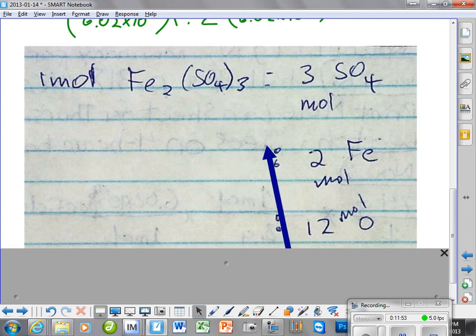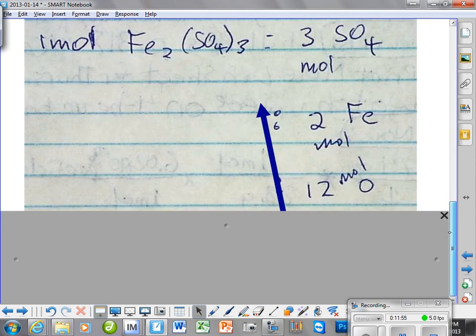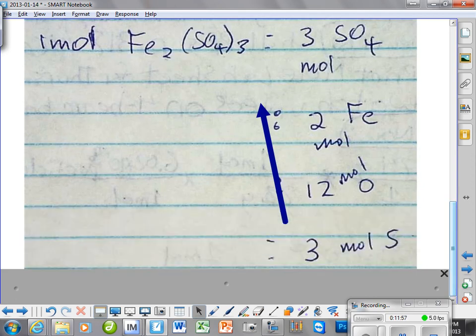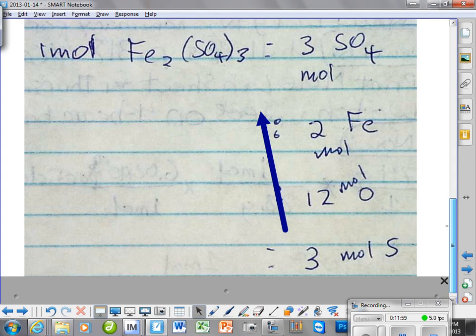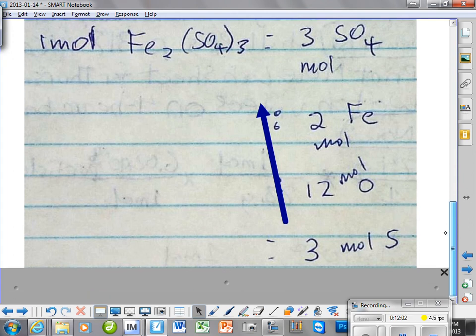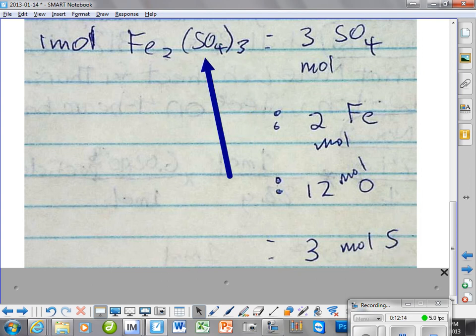Yes. Okay, so that's how that guy works. And then if we say sulfurs, you see we could go by individual atoms now too, which is what we're doing. So we have 3 moles of sulfur down here because this 3 is multiplied by 1, giving us 3 sulfurs.